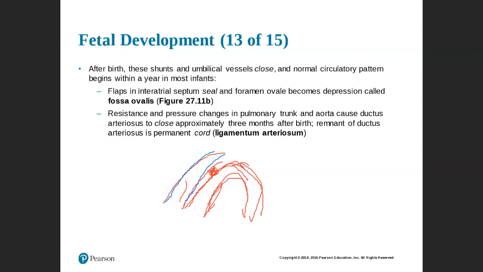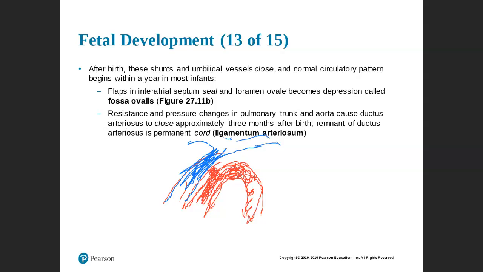So I can draw this a little bit better. And here's the aorta. And then you've got your pulmonary trunk over here. And then, of course, remember, it separates into the pulmonary arteries, which go to the lungs.